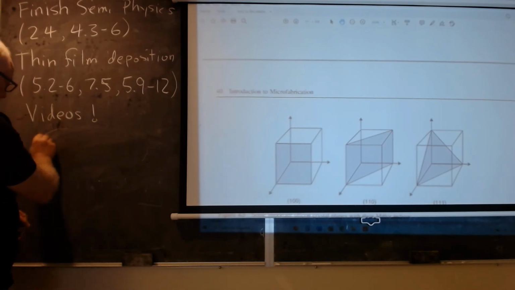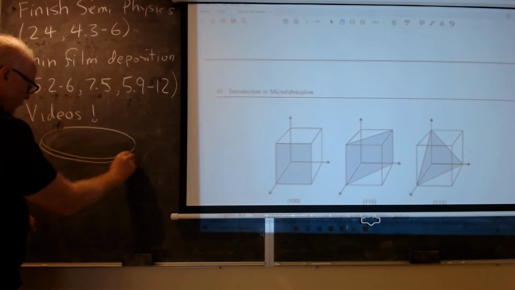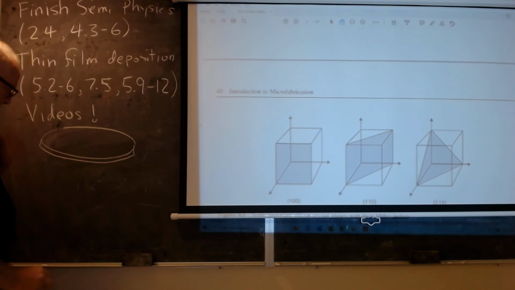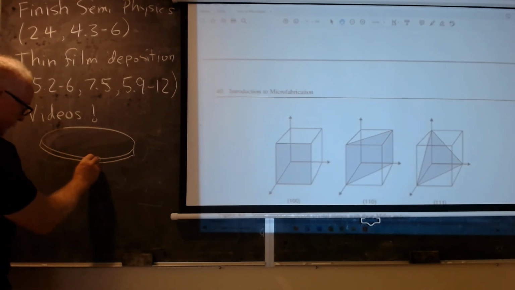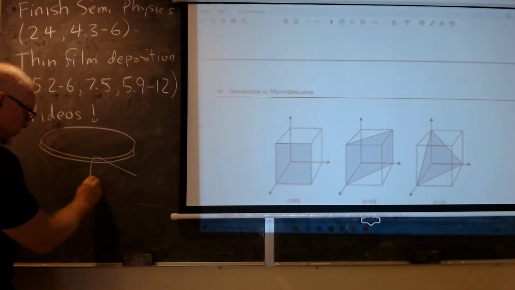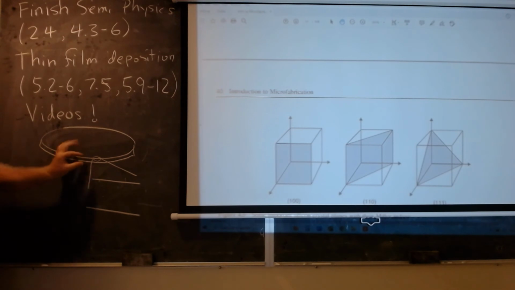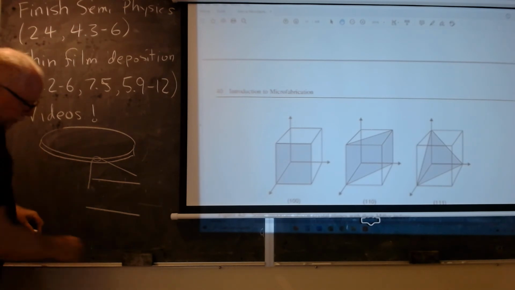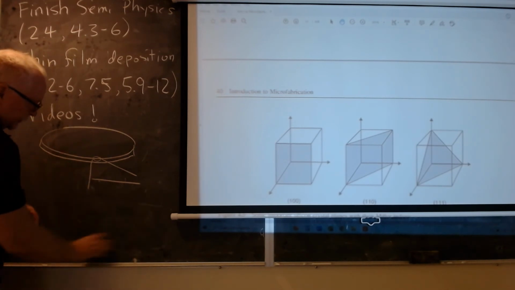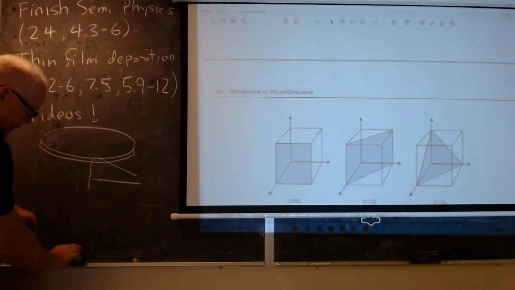Let me do it this way. Okay, take my semiconductor wafer. All right, and let's zoom in on that surface. So I'm zooming in on the surface.